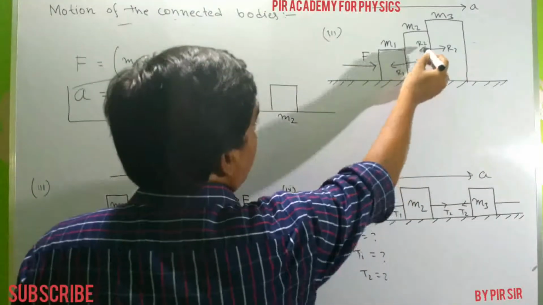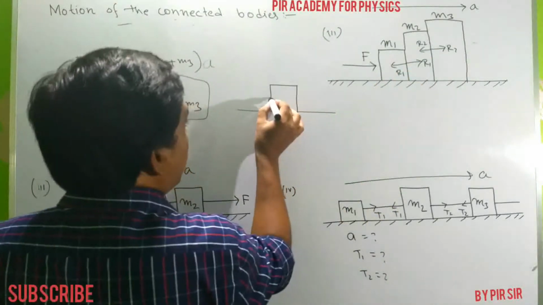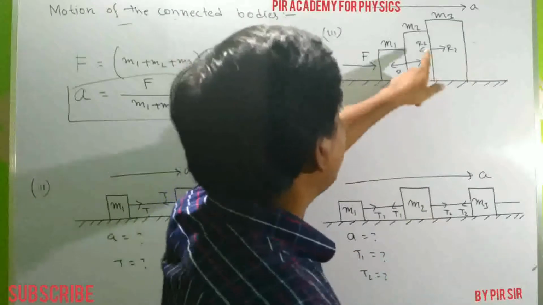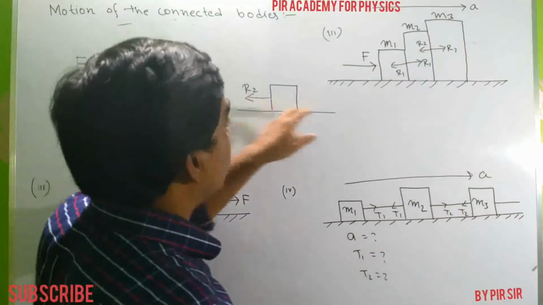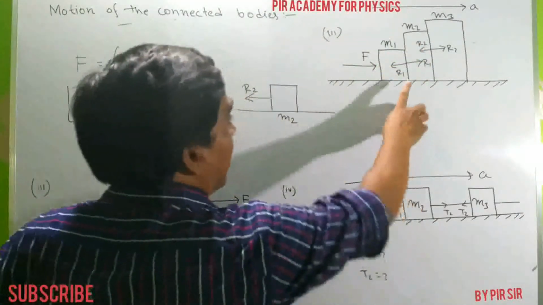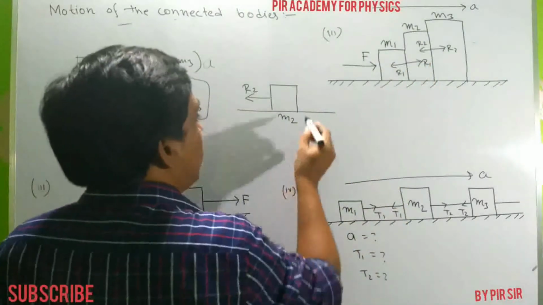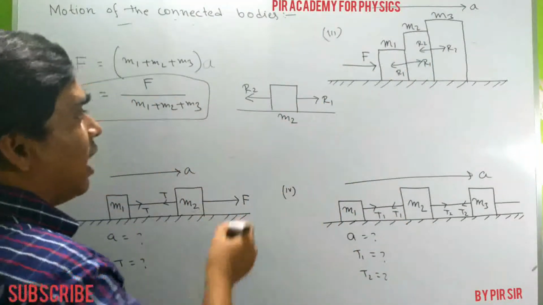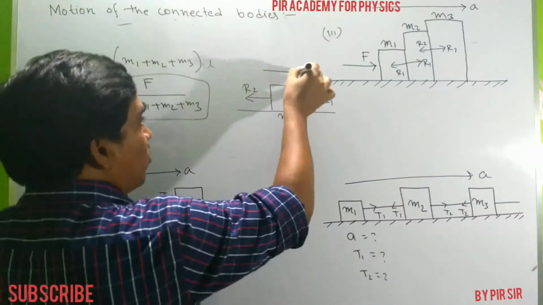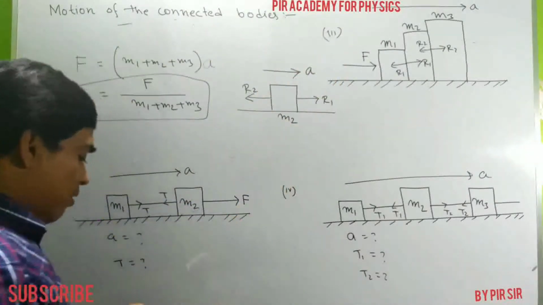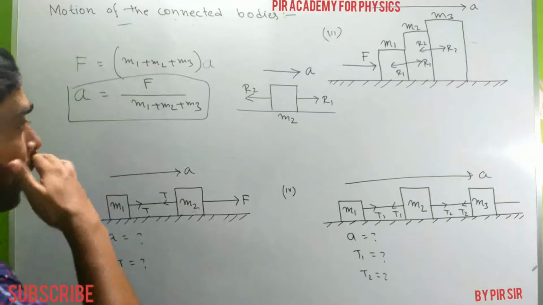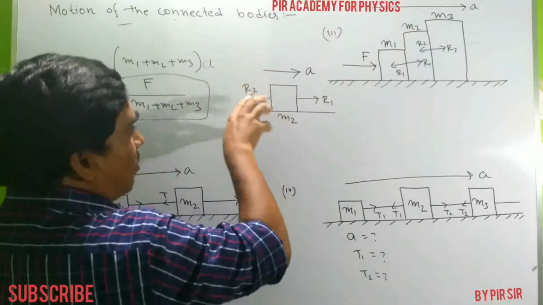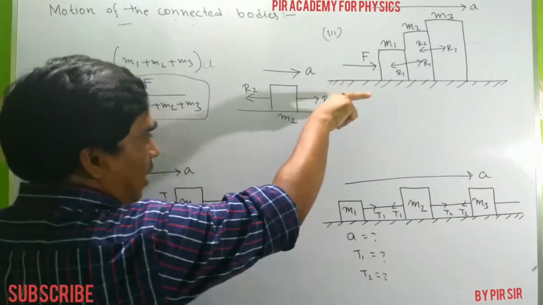One is R2, in this direction, and R1 along this direction. And the total system goes with acceleration of A in this direction.